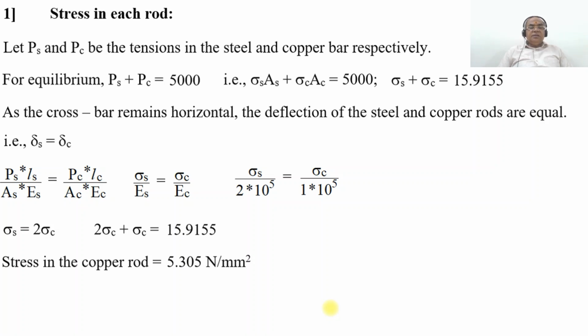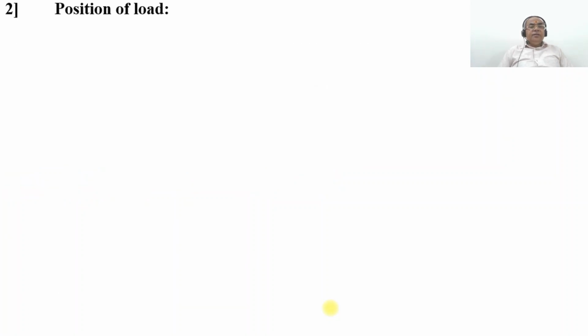So 3 sigma C is equal to 15.9155. Therefore, stress in the copper rod, which is sigma C, will be equal to 5.305 Newton per mm square. So what is the stress in the steel rod? Stress in the steel rod will be equal to 2 sigma C. That is, substitute the value of 2 into 5.305. Therefore, it will be equal to 10.61 Newton per mm square.